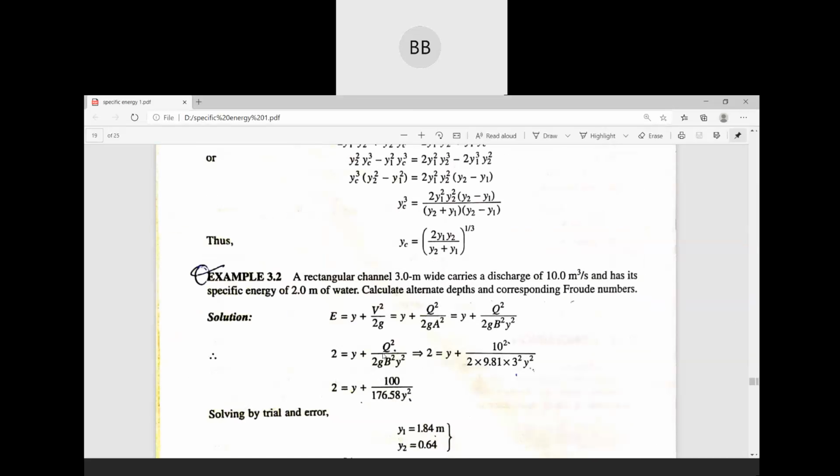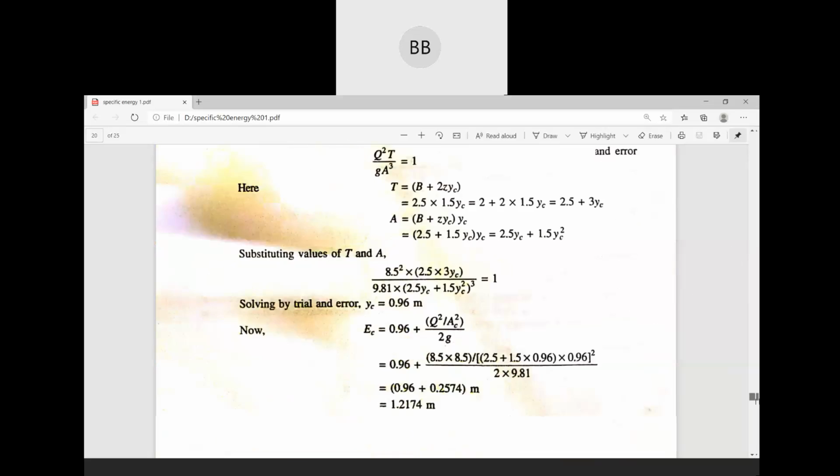This numerical 3.2. This one 3.4. So we are going to discuss this numerical.